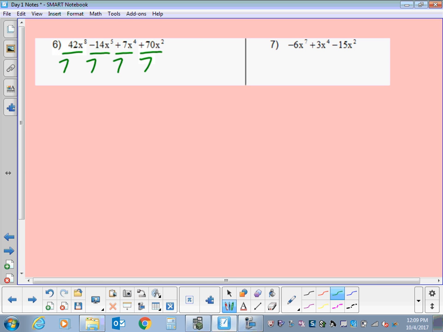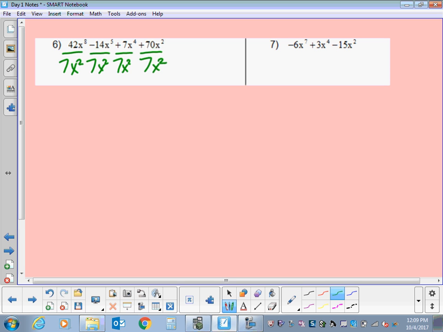And look at your variables: x to the 8th, x to the 5th, x to the 4th, x to the 2nd. What's my GCF? X to the 2nd. So we look for the highest number that goes into everything and the lowest exponent, because I can't put 8 x's into 2 x's, okay?